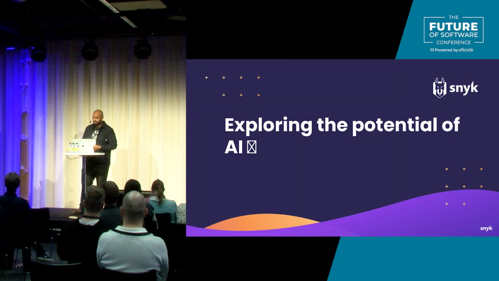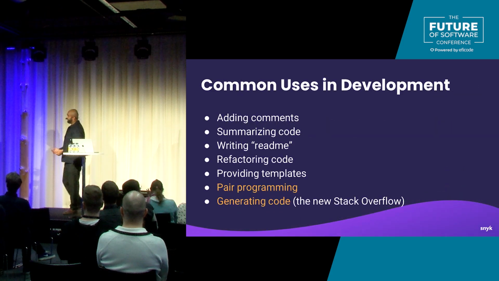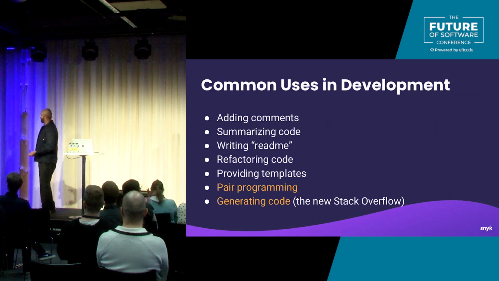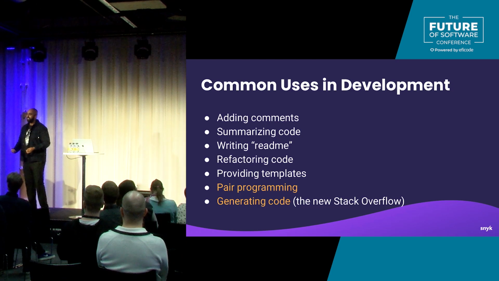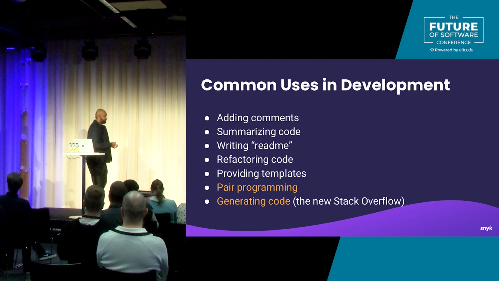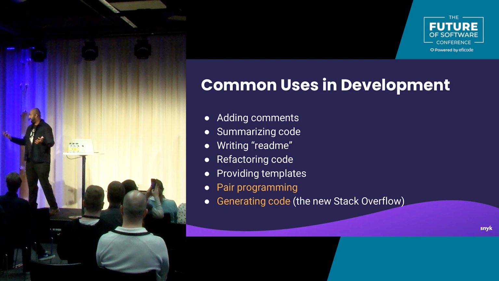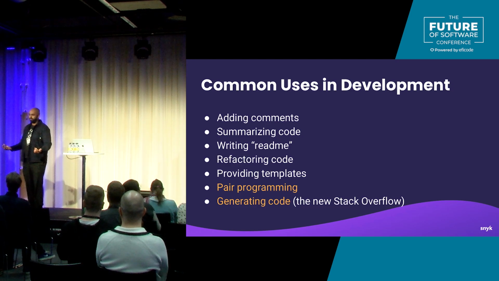So AI is adopted by developers in various ways, right? And these are common activities that you do when you do software development, right? You maybe start with comments. You can summarize code, refactor code. And the last two, pair programming and generating code, they say AI or Copilot is the new Stack Overflow, right?